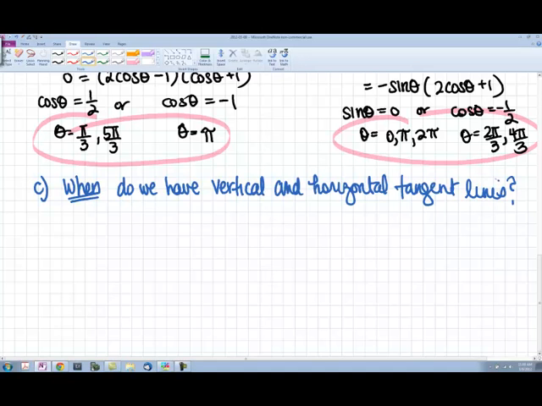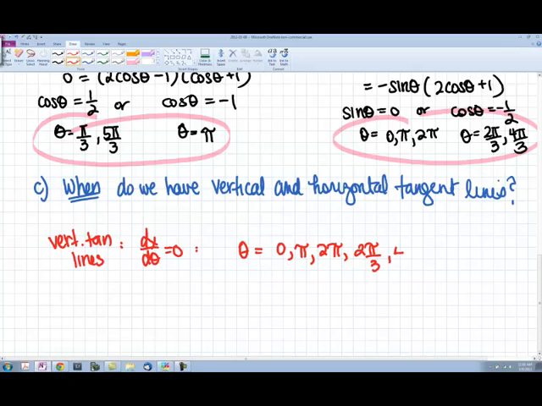Okay. So now when do we have vertical tangent lines? Vertical tangent lines exist when dx/dθ equals 0. So in this case, when θ equals 0, π, 2π, 2π/3, and 4π/3. Those are all the angles listed above.